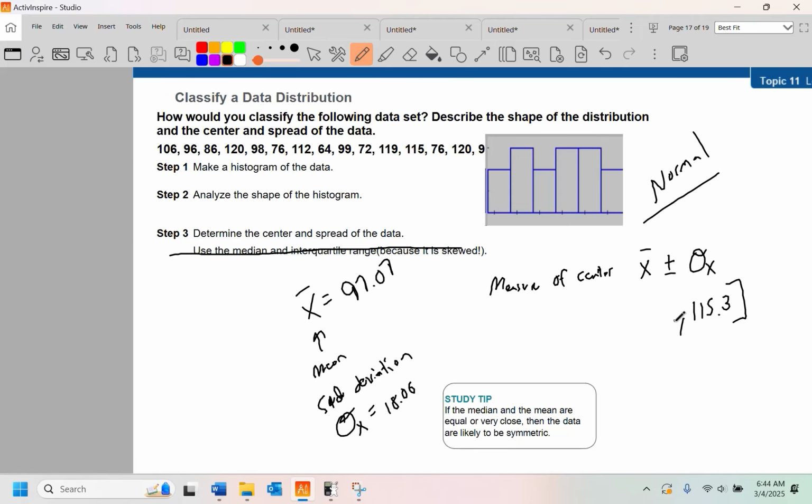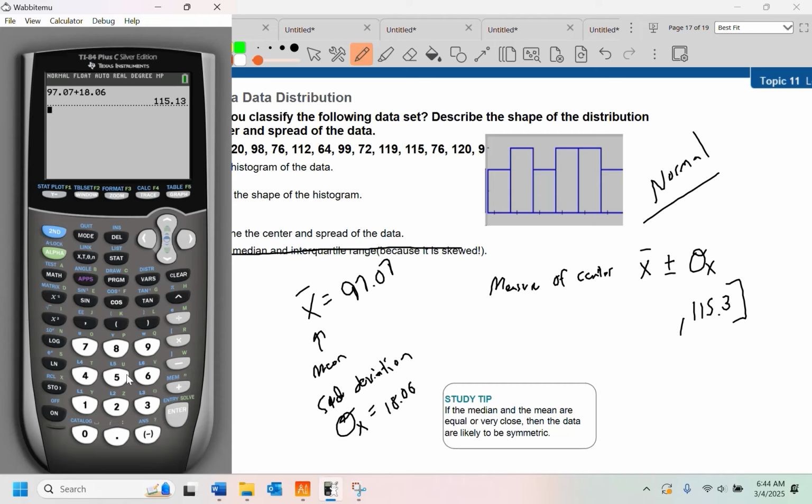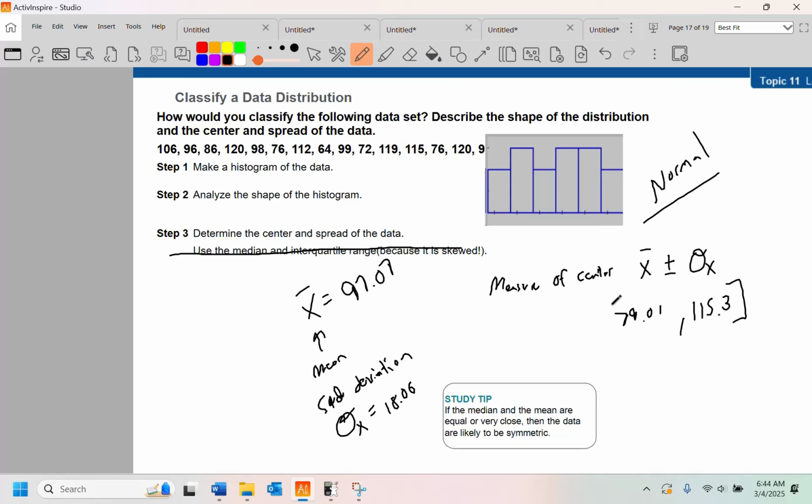Notice I'm using interval notation too. I'm sure you love that. And if we take away the 18.06, we get 79.01.